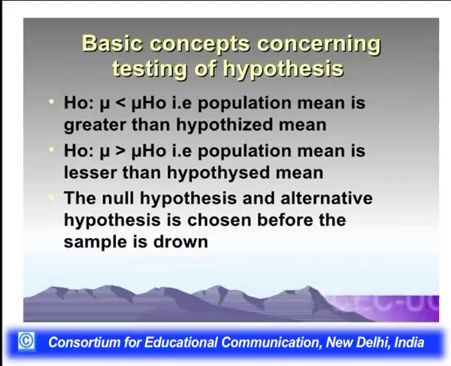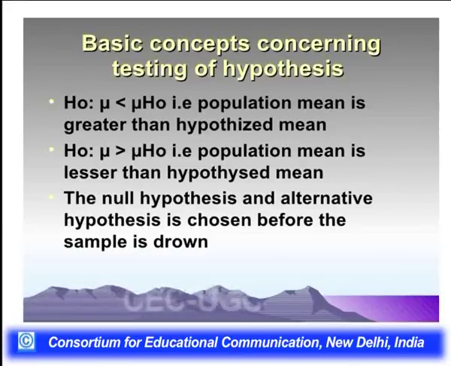Now coming on to the basic concepts concerning the testing of hypothesis. HA: mu is greater than mu H0, that is, the population mean is greater than the hypothesized mean. HA: mu is less than mu H0, that is, the population mean is less than the hypothesized mean.